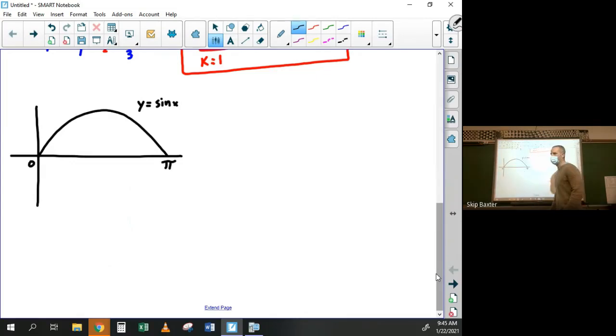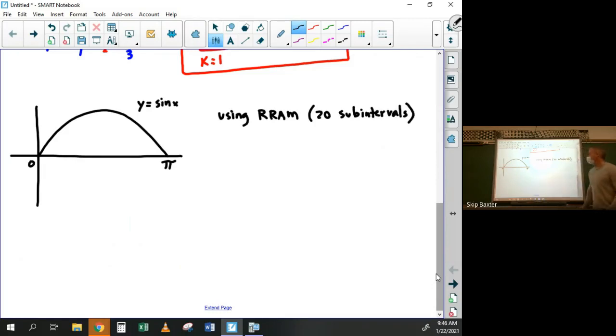That's the area I'm trying to approximate. And I wanted to use, again, the right rectangular approximation method with 20 subintervals. Right?